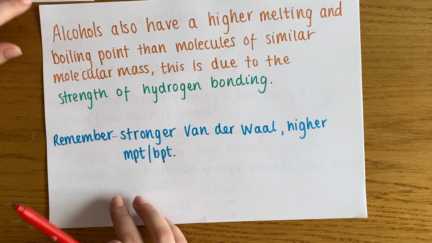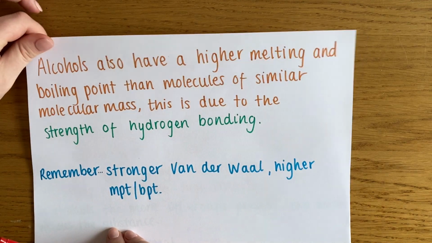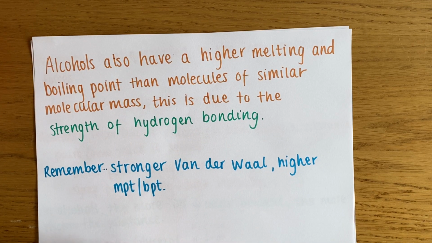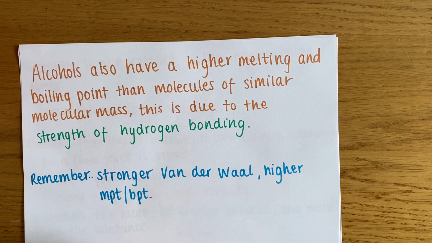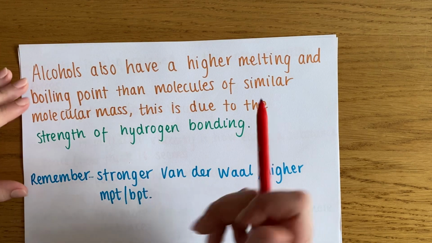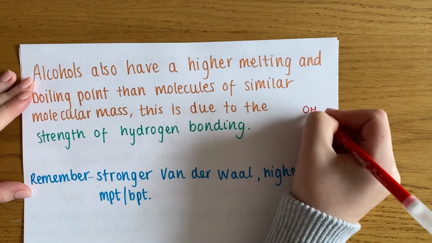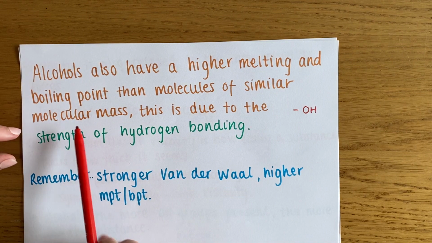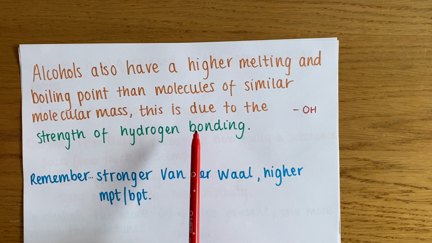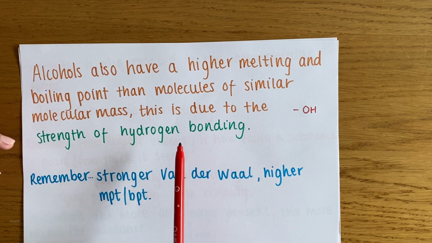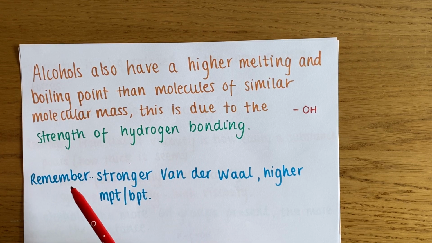Okay, and talking about the melting and boiling points lastly, alcohols have a higher melting and boiling point than other molecules that are of similar molecular mass due to this difference in electronegativity due to the OH. Okay, so because my alcohols can participate in hydrogen bonding, the strength of that bonding has to be overcome when you're melting and boiling this molecule.